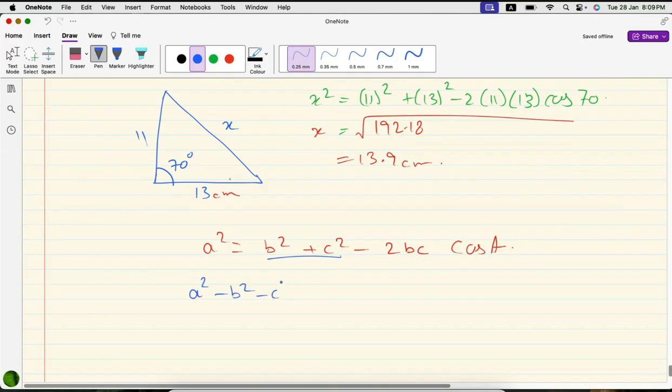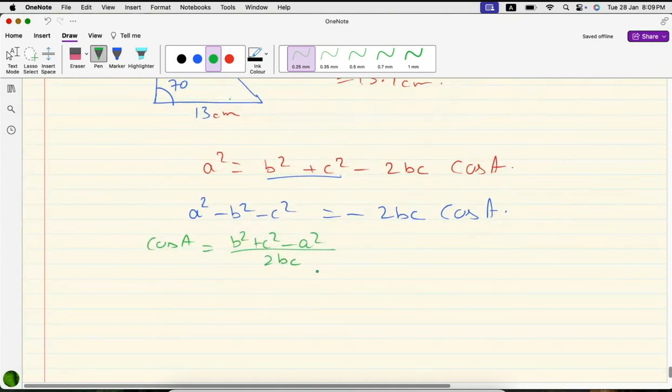Minus b square minus c square is equals to minus 2bc cos of A. Now I'm dividing the negative sign to the other side. So that would become b square plus c square minus a square, divided by 2bc, and then we are left with cos A on the other side. So the order stays the same, and ultimately A is equals to cos inverse of whatever we'll be having in this fraction.